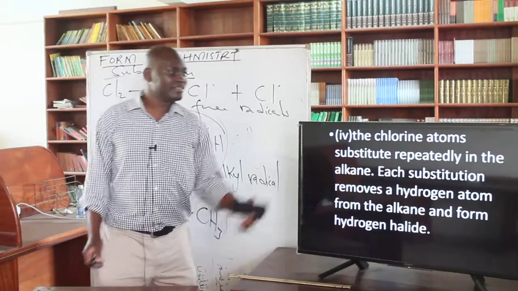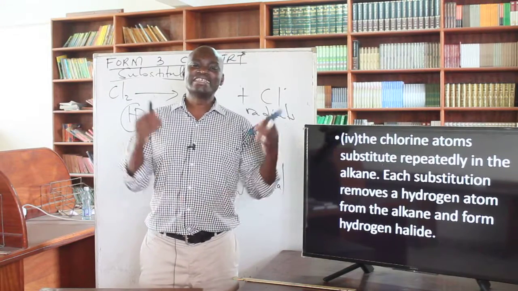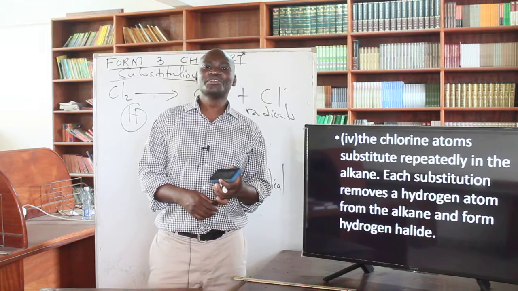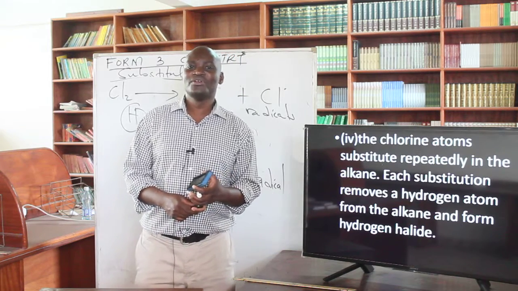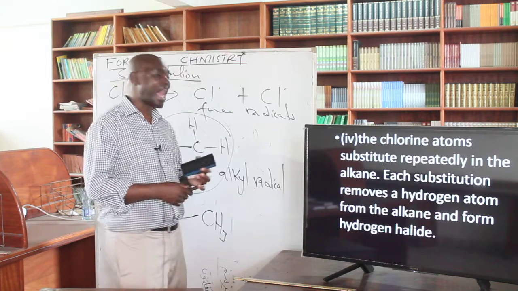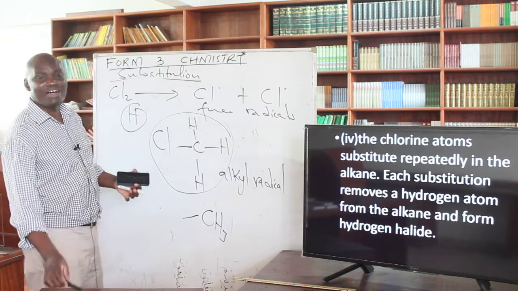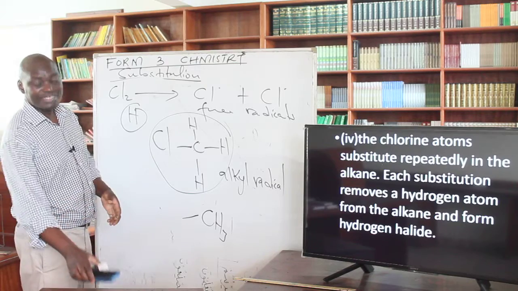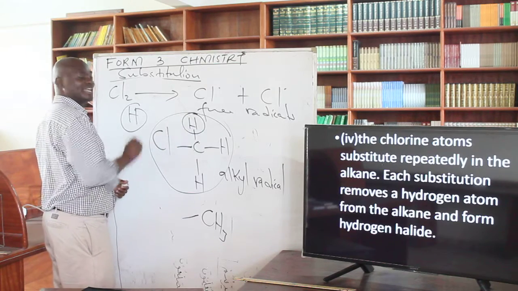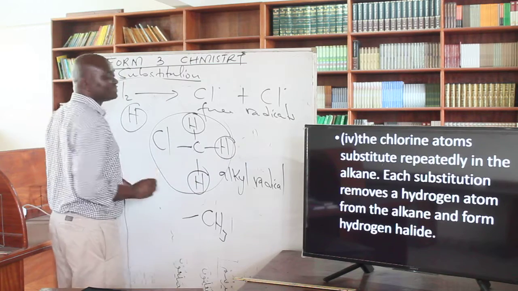So the chlorine atoms substitute repeatedly in the alkane. Each substitution removes a hydrogen atom from the alkane and forms hydrogen halide. So in case we have excess chlorine, this hydrogen will be substituted, and this one will also be substituted.